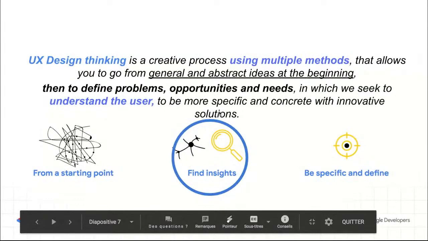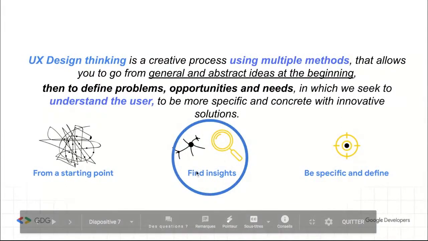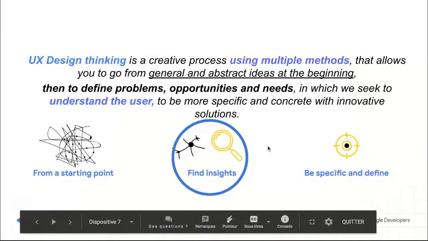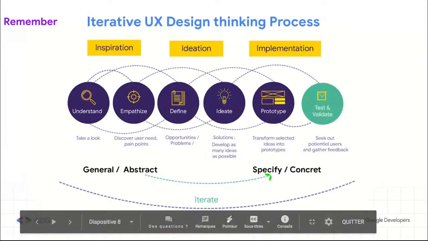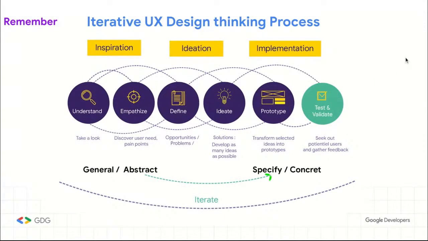So the most important thing to understand is how to find those insights and how we can understand problems, opportunities, and needs, and how we can measure all these. And remember that we are using the iterative UX design thinking process, starting from inspiration, where there are understand and empathize phases, going after this to ideation and implementation.